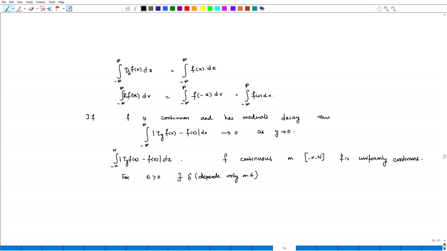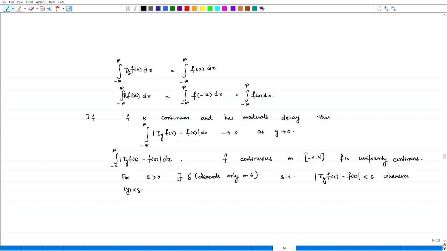It does not depend on x, such that |τ_y f(x) − f(x)| is less than epsilon whenever |y| is less than delta.